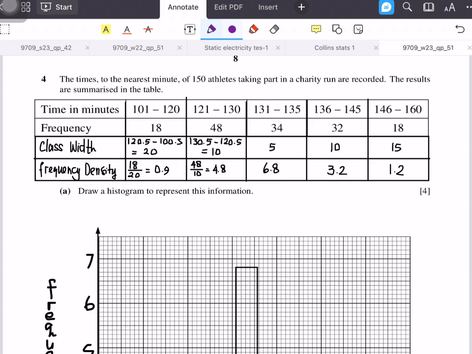And the frequency density for the first class is 18 divided by 20, which is equal to 0.9. For the second class, the upper boundary is 130.5 and the lower boundary is 120.5. So the class width is 10. You can do the same thing to other classes.